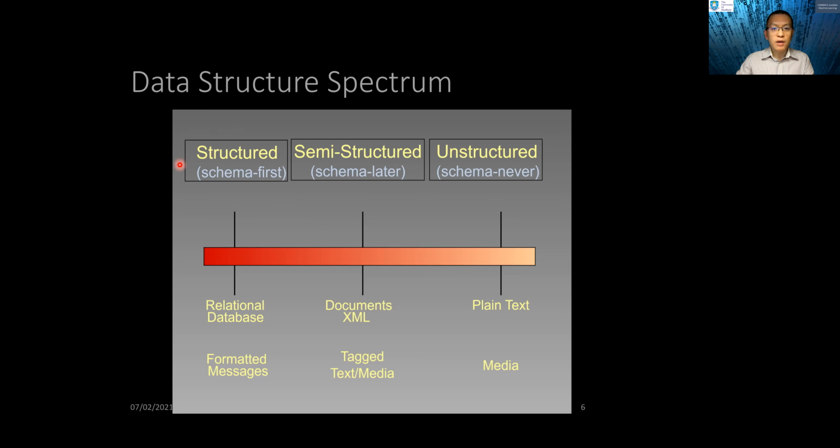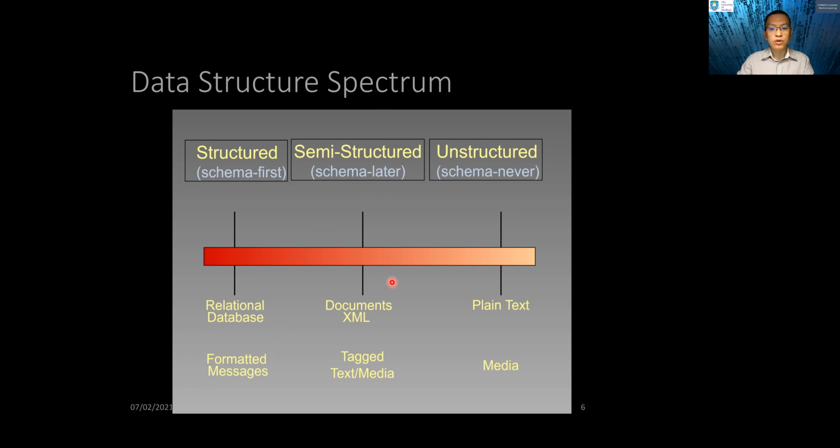The first type is called structured data, which has a schema. For example, relational databases and formatted messages. The second type is called semi-structured data, and it is something like schema later. That is, you will have a schema later relatively easily.